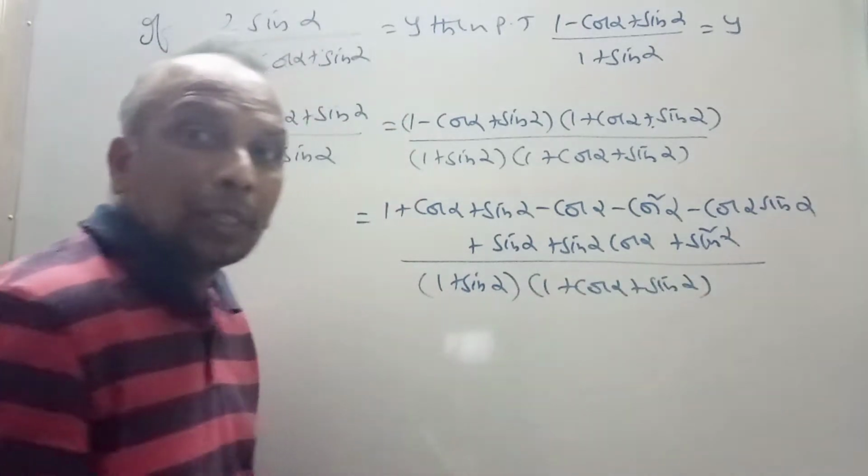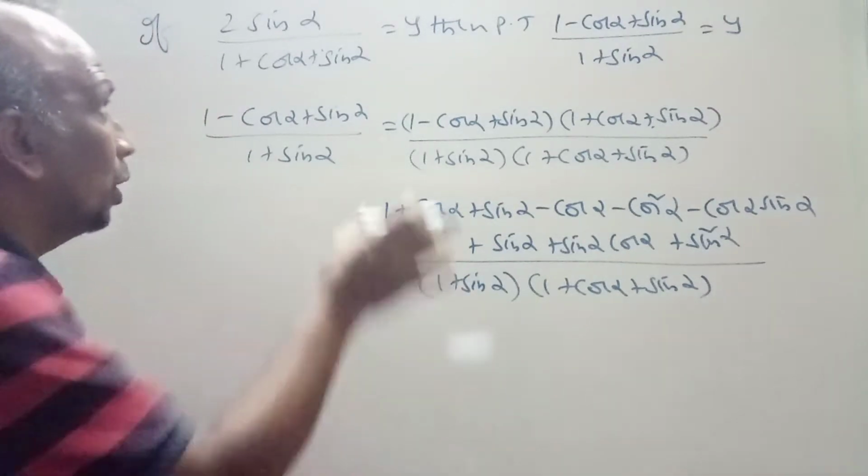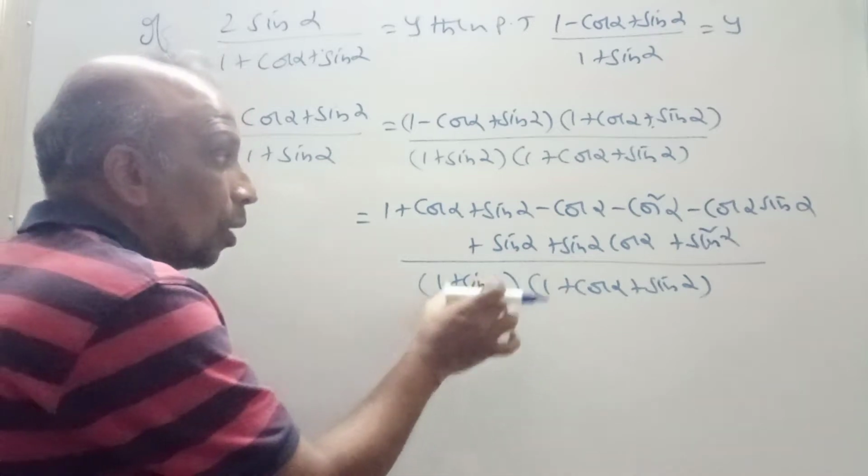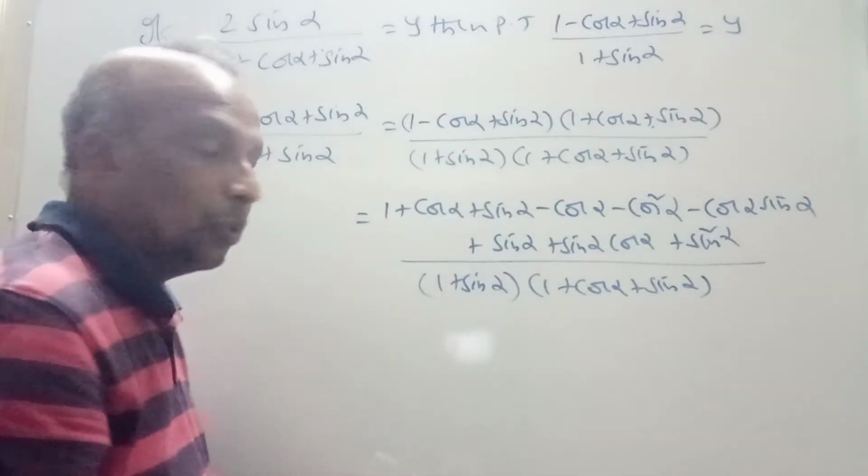No need to multiply the denominator. You are expecting the denominator 1 plus cos alpha plus sin alpha, so definitely you make it 1 plus sin alpha here. You can strike that out.